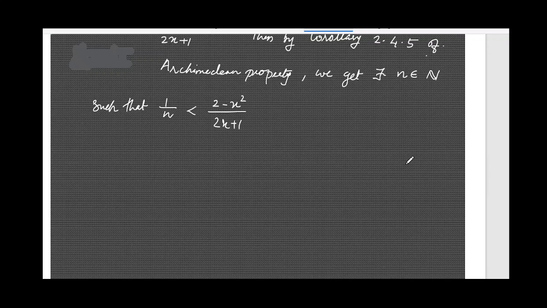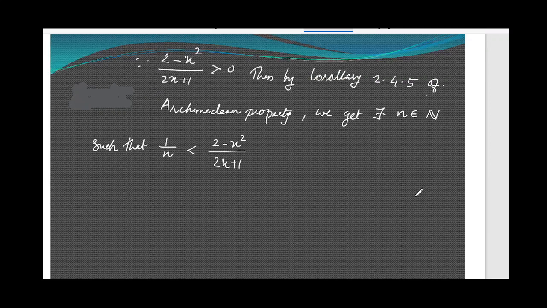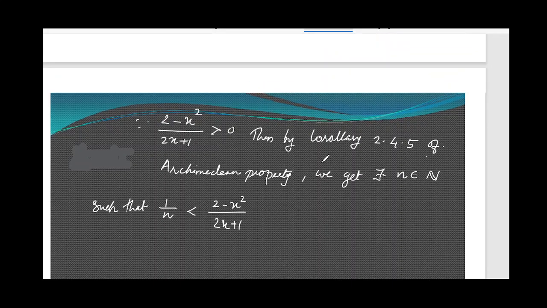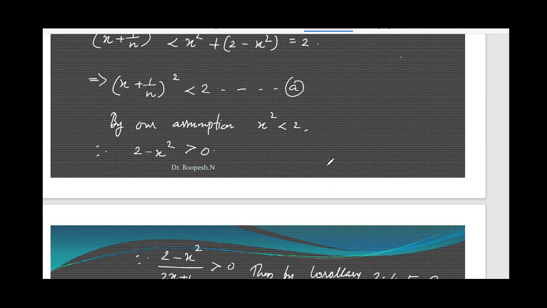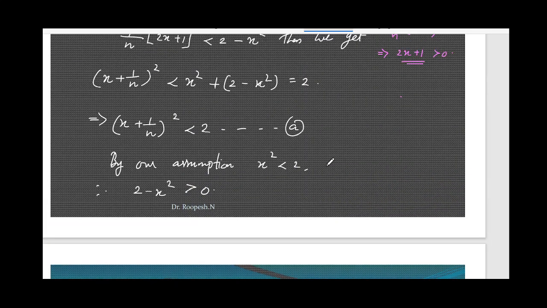You started with x plus 1/n, and for such an n, we get (x + 1/n) square is less than 2.